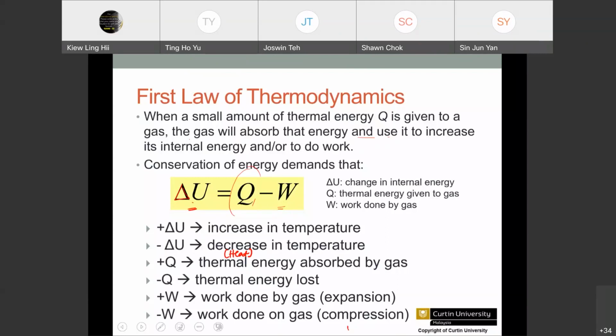My advice is to memorize them, because they will not be given in the formula sheet, and you are expected to know the sign convention.